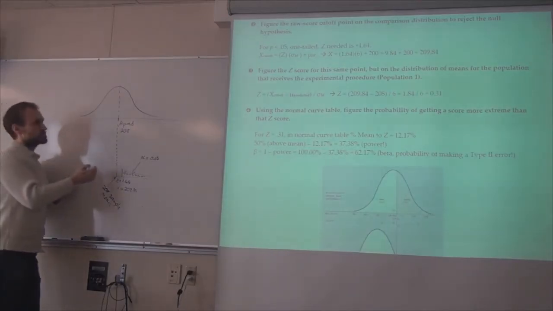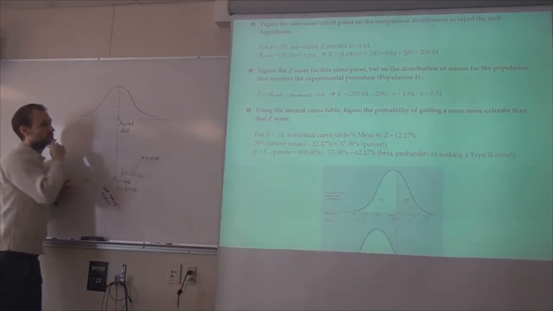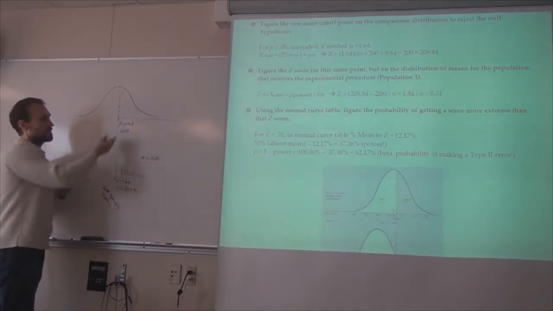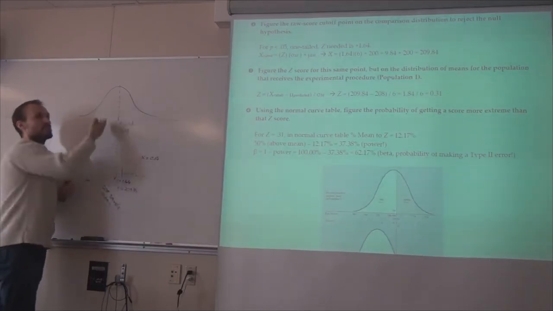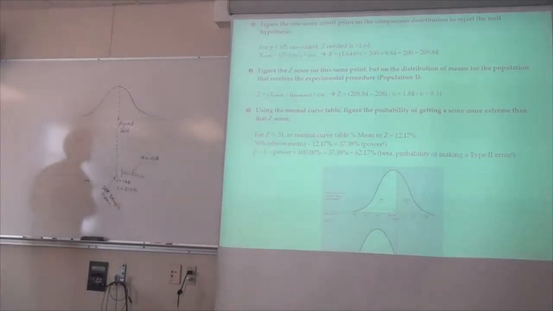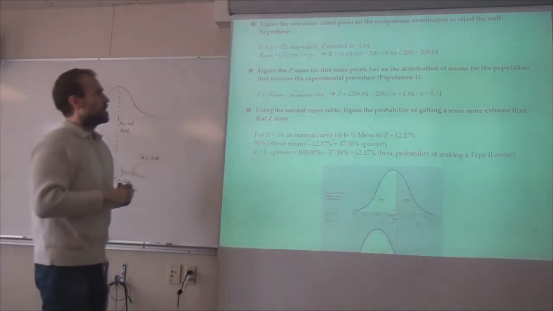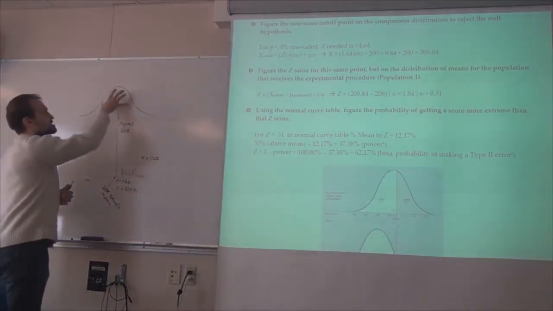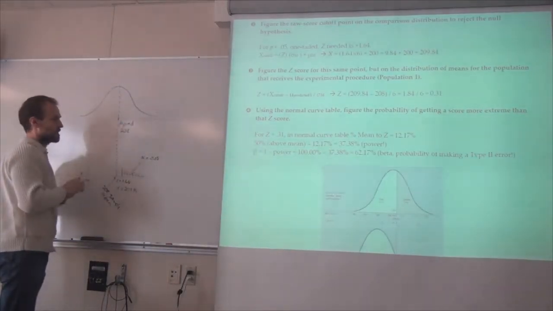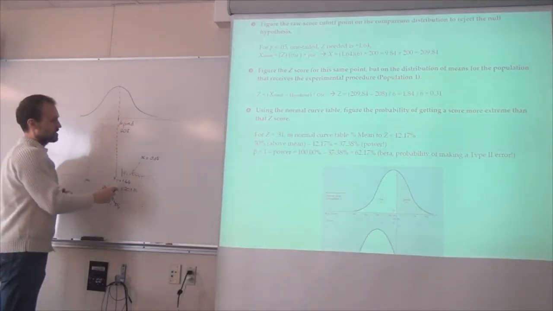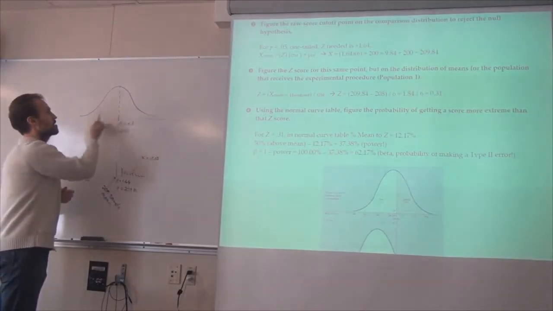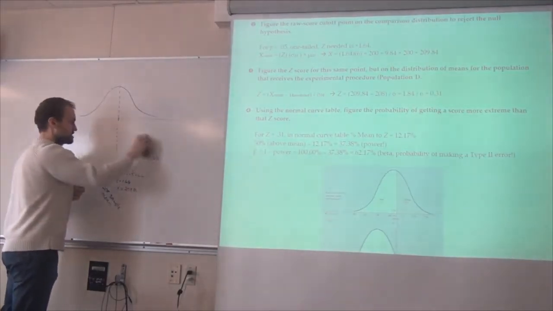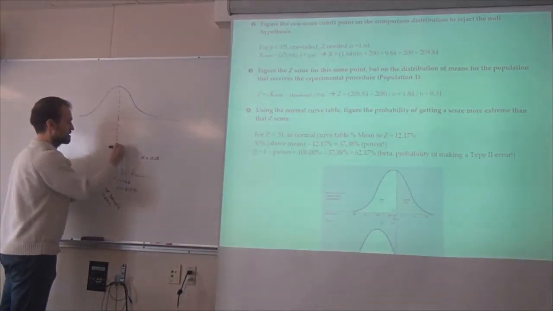So the research hypothesis could have been true, and there is a shift in the population after the treatment. And I'll take my sample mean to be the mean of that population, population 1. All right, so then I want to know on this shifted population, so to speak, where does this 209 put me? How far away from this mean is it? So let me just shift this so I can extend my line here.